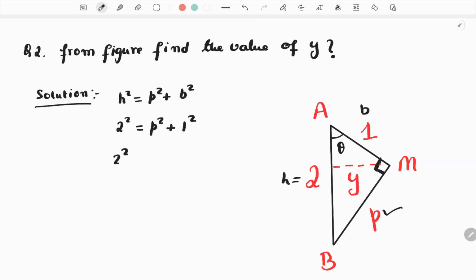So 2 square minus 1 square is equal P square. 2 square is 4, 1 square is 1. So 4 minus 1 is 3, which is equal to P square. So from here we can write P is equal root 3.